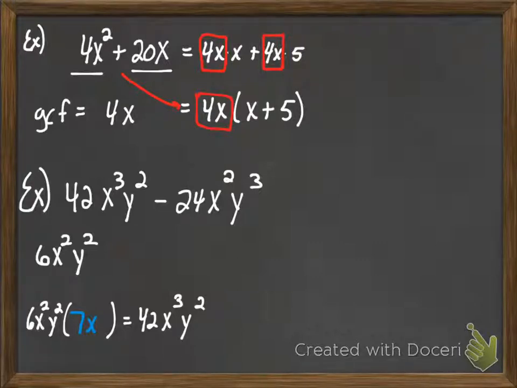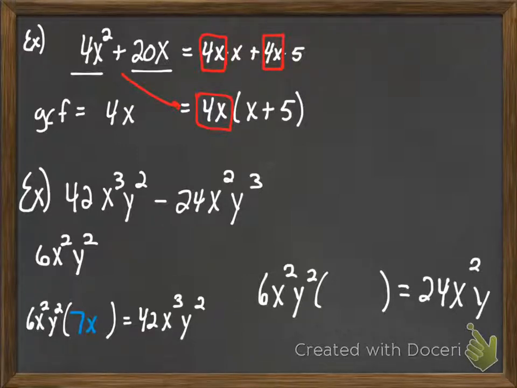So once again we say 6x squared y squared times what would give me 24x squared y cubed. And again we fill in the blank. Well, 6 times 4 would give me 24. We already have the x squared, we need a y, so it would be 4y. And then we just put it all together. We've done the two pieces.